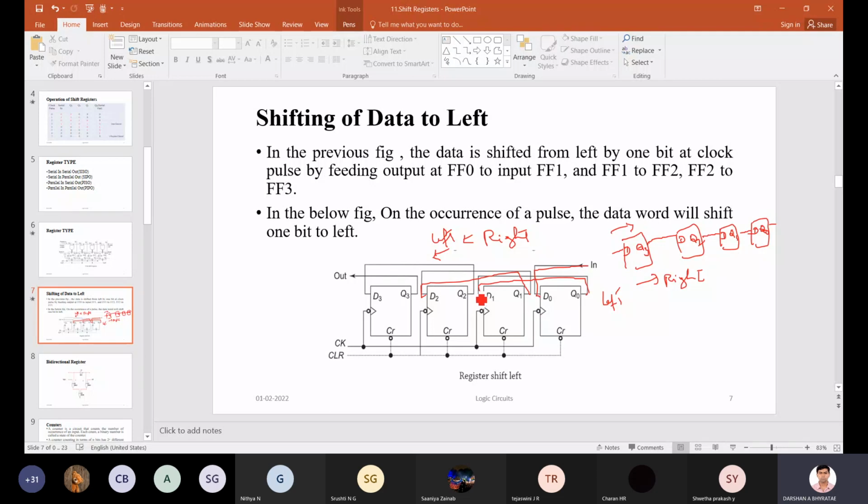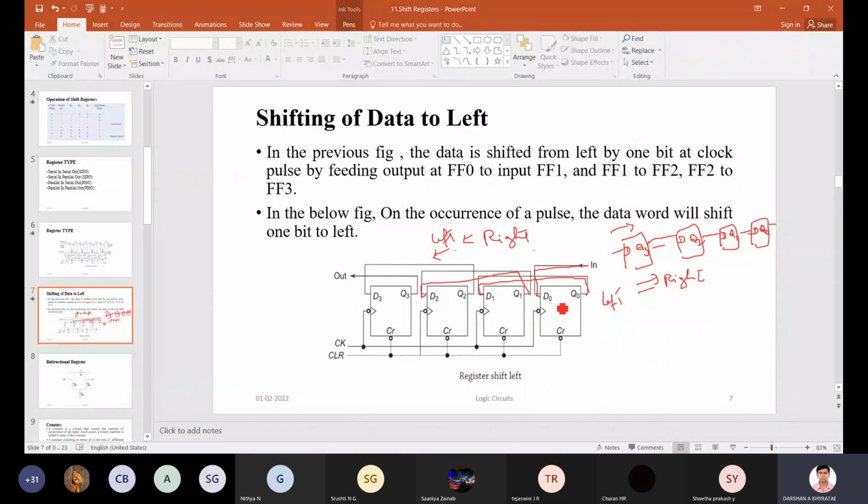If I connect the output to the next stage of the input here, it is reverse order. But if I connect directly from Q3 to D, first stage to second stage, third stage, that is output to the input, we call this a left to right operation.